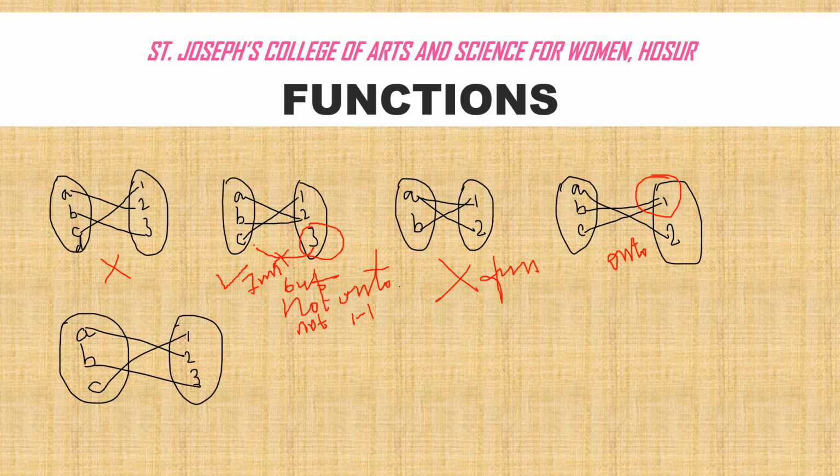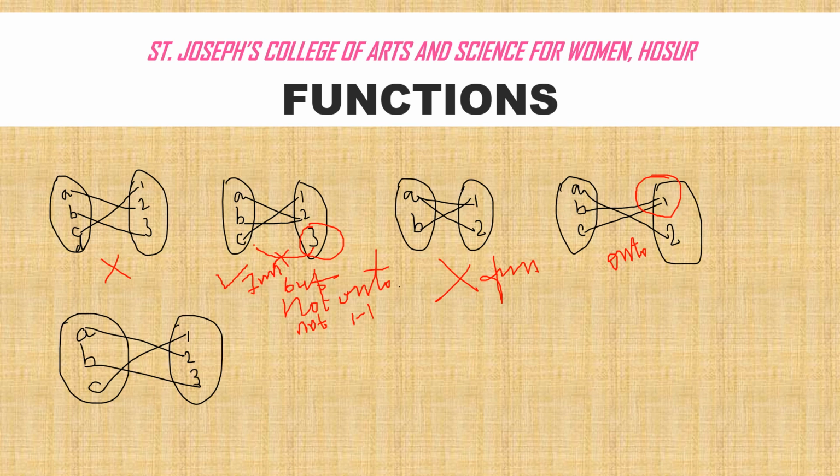Now check here in the last one, this is onto, and here three elements in the domain, three elements in the codomain. A is mapped to 2, B is mapped to 3, and C to 1. So here all the different elements have different answers in the codomain. Hence different elements have different answers. On both sides, all the elements have an image and a pre-image.